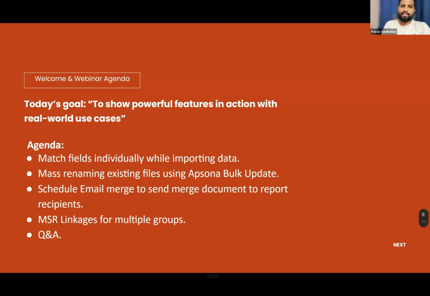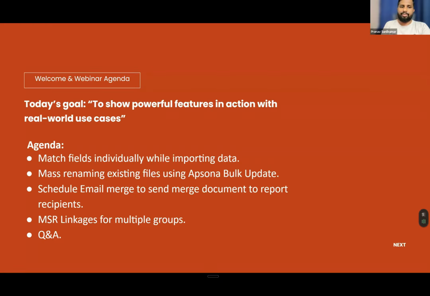The second feature is mass renaming of existing files using Apsona bulk updates. Again, this is an existing feature where we got quite a few cases in the month of December. The third feature is scheduling an email merge to send the merge document to a report recipient.